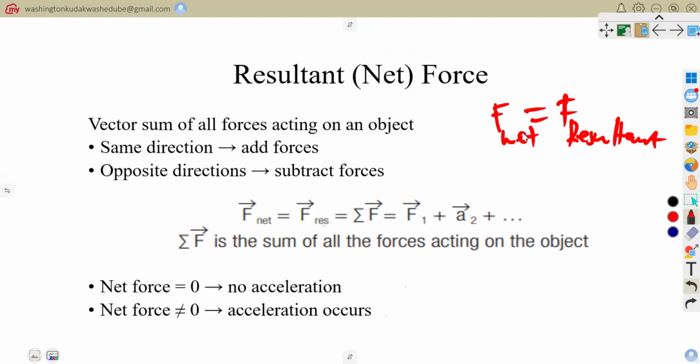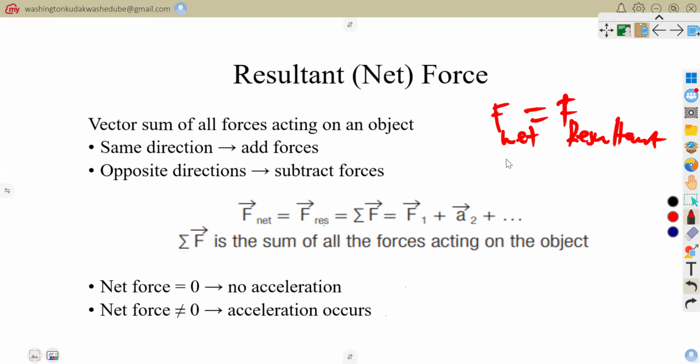From our grade 10 and 11, we've been looking into vectors, and then in grade 11 we looked more into the sum of vectors. So this is the same principle that we are going to use in defining our net resultant force, where we are going to say a net resultant force is defined as the vector sum of all forces acting on an object.